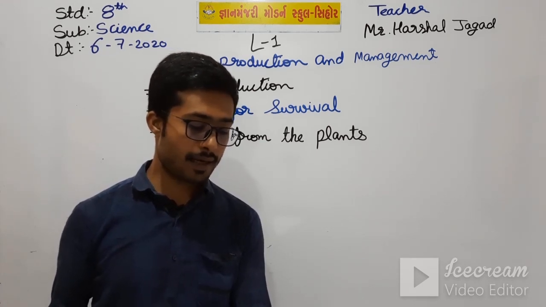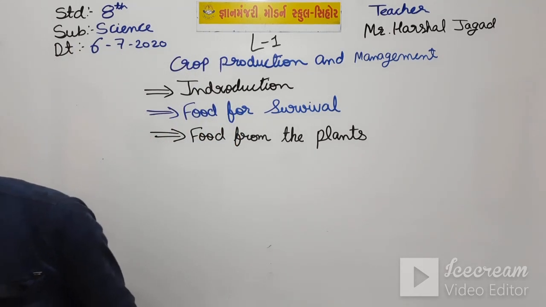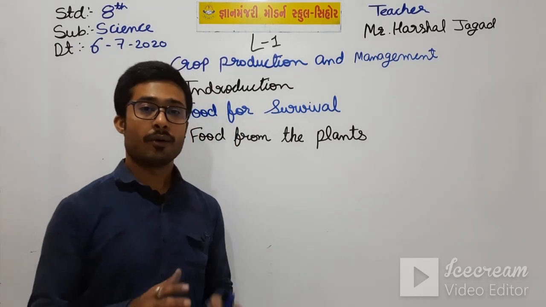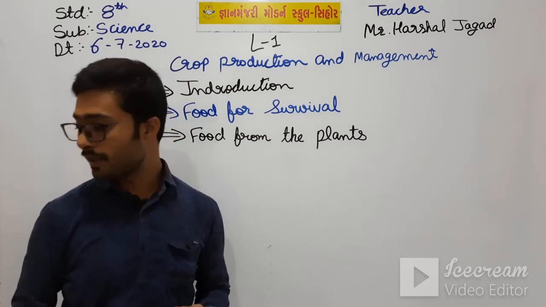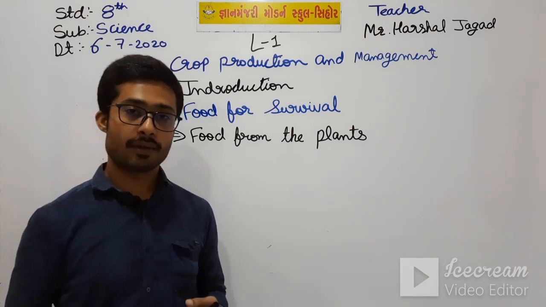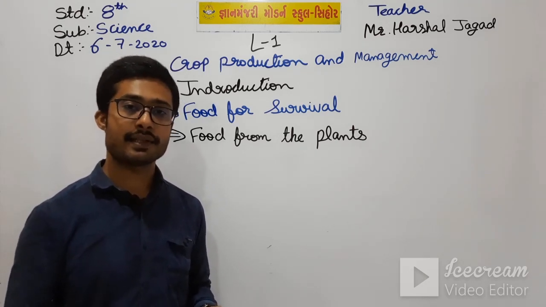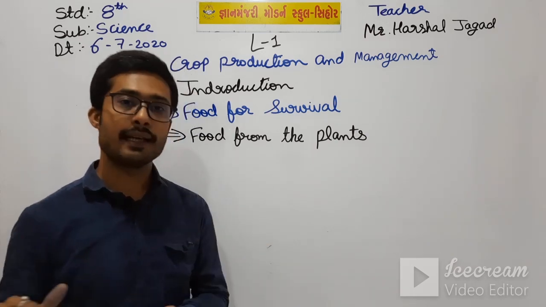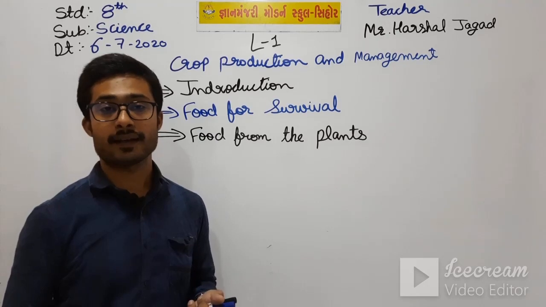These activities together are known as agriculture practices. Means the farmer does all the activities in a line, like first soil preparation, then selection of seeds, then watering, then harvesting. This whole process in a series is known as agriculture practices.